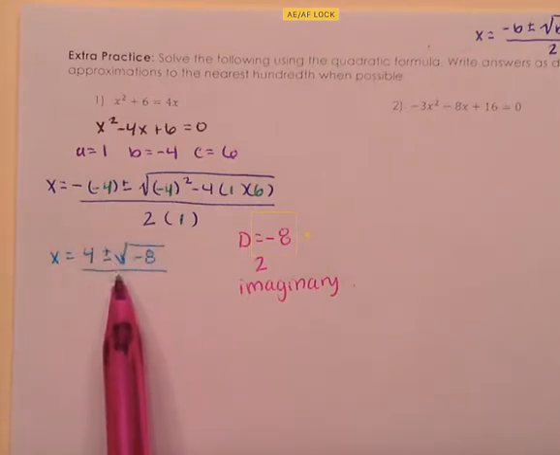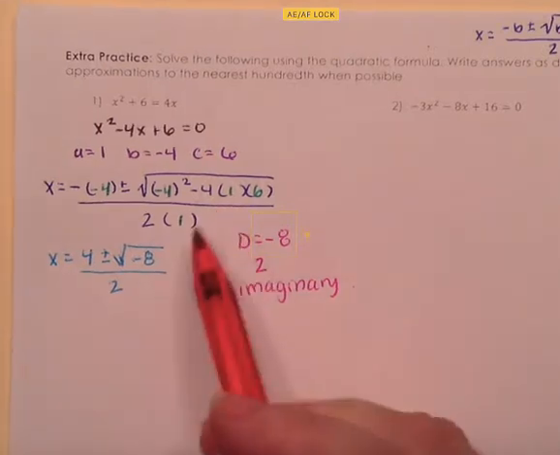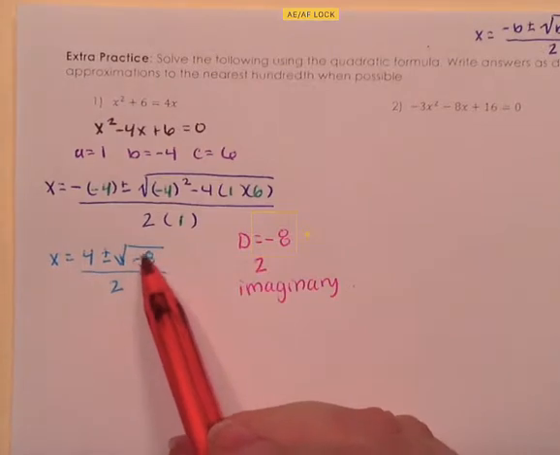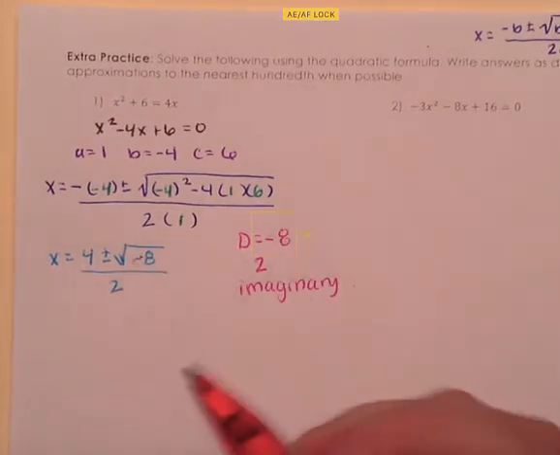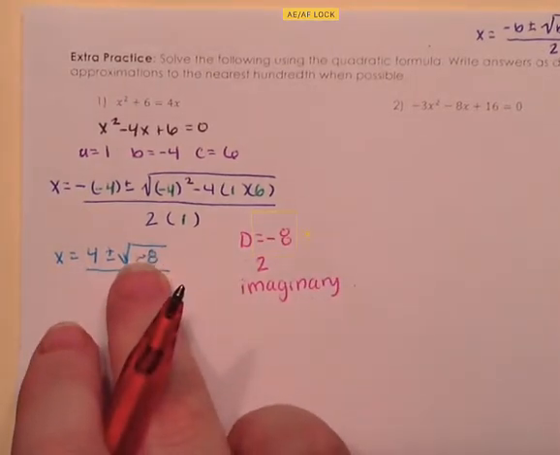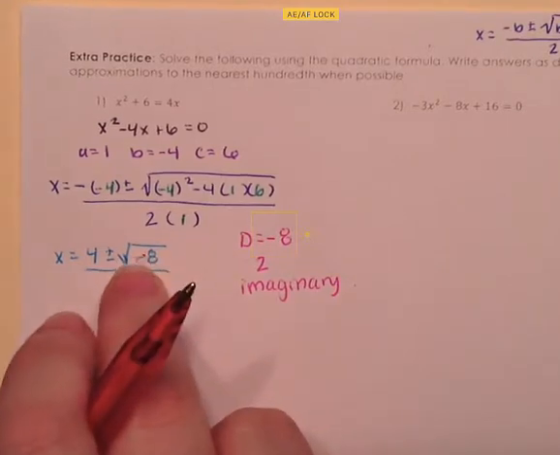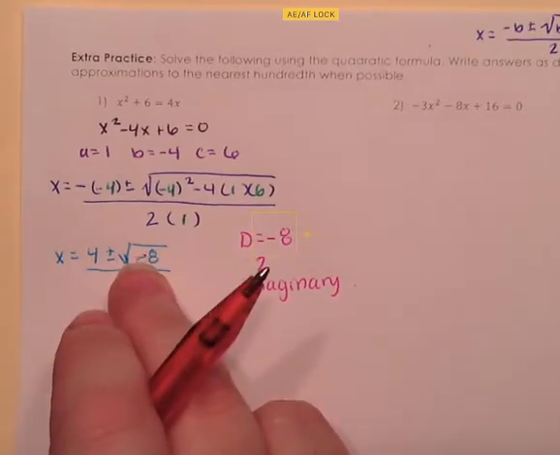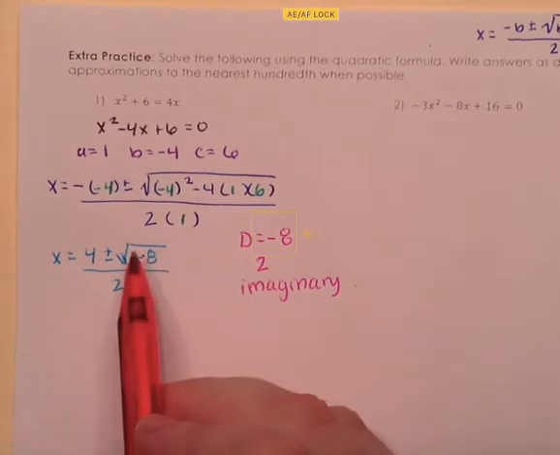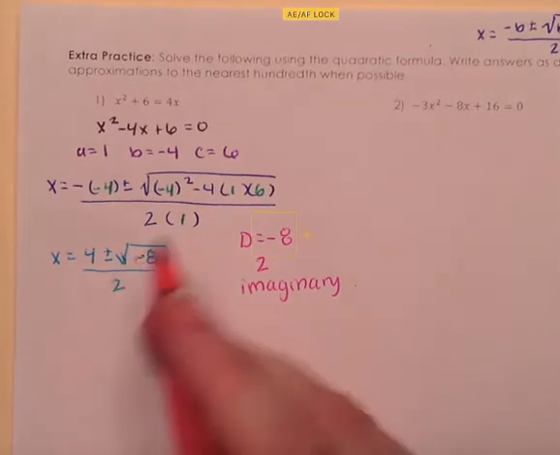The difference being is that I'm not going to put any of this into my calculator. The imaginary part comes from that negative on that 8. So what we do, instead of keeping the negative on the 8, we bring out an imaginary number, which is i. That negative part is what gives us the imaginary.